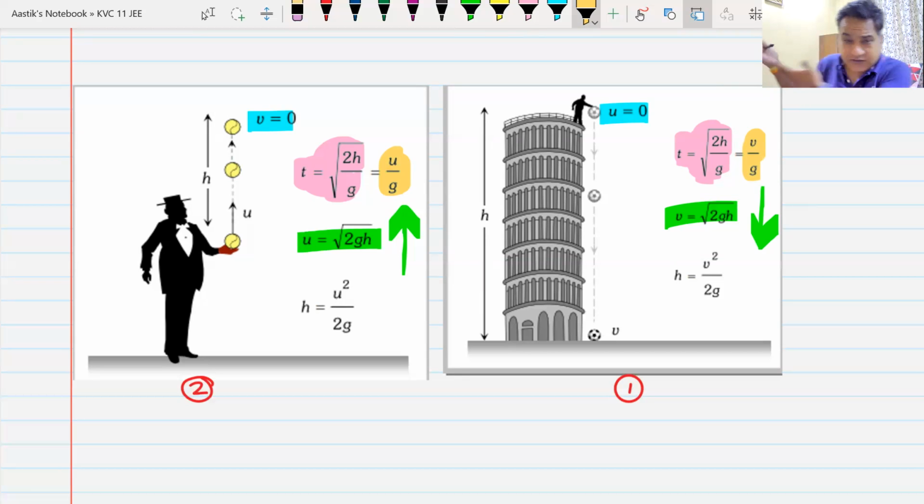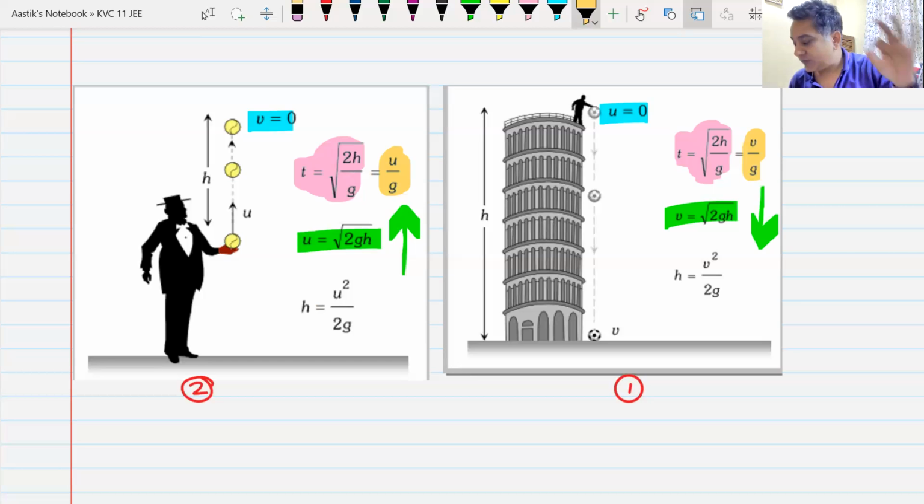Just because in the first case, motion is starting from the top, and in the second case, motion is starting from the bottom. Do we understand this? Understand this?